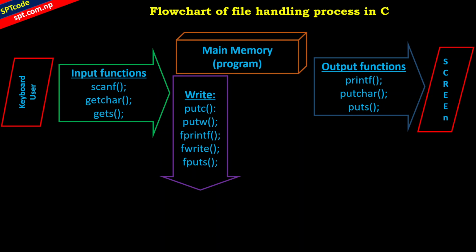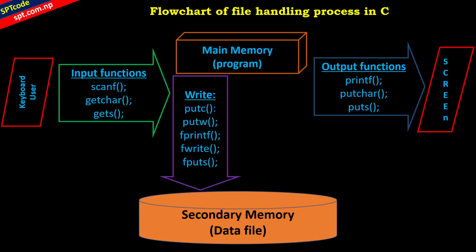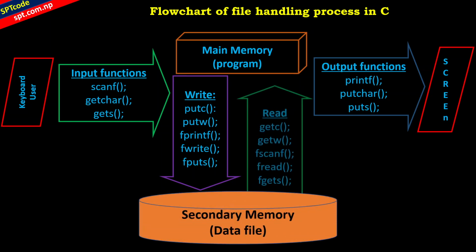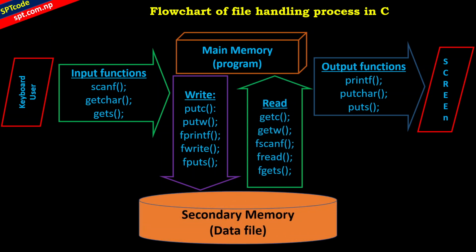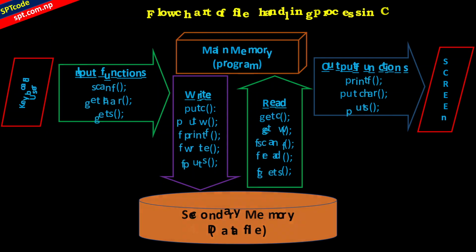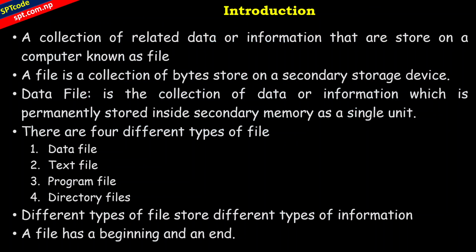I will talk about all of these one by one, practically, in future videos. These functions are used to write and store our information in secondary memory with a particular name. And there are also functions to read data from the file into main memory, and again manipulate it, store it, or display it on the screen.